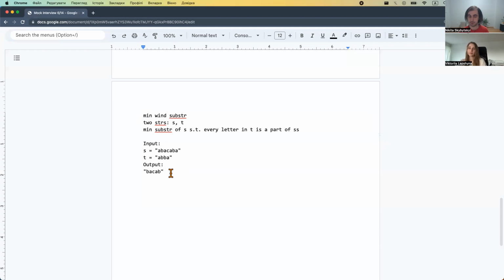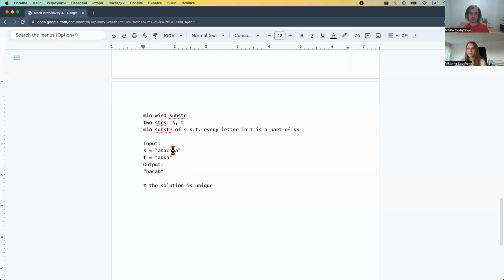What if I have two substrings of the same length that both satisfy the problem? The test cases you're going to get don't have that. We assume there is a unique solution. All right, so I don't have to worry about the tie breaks.